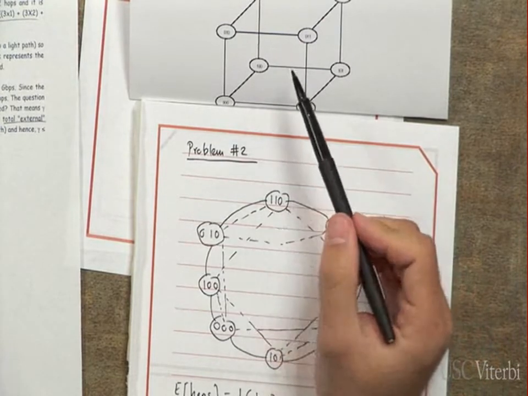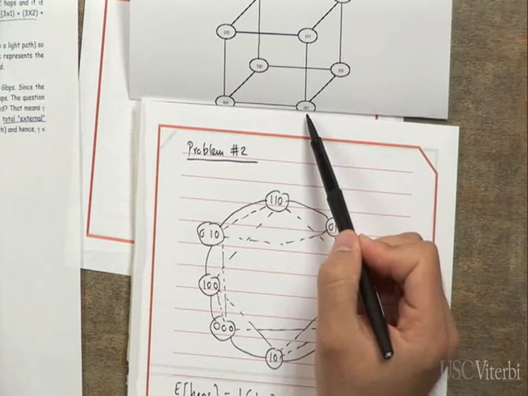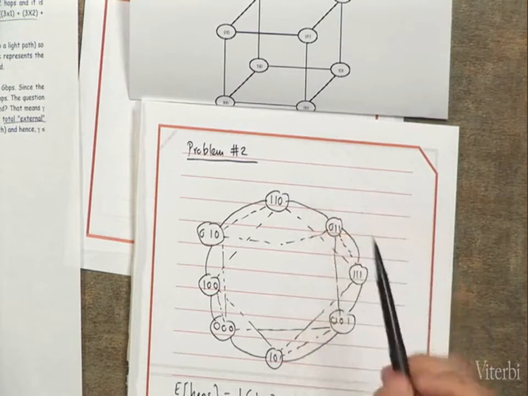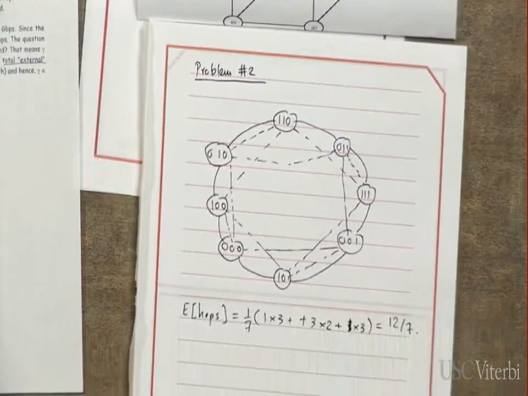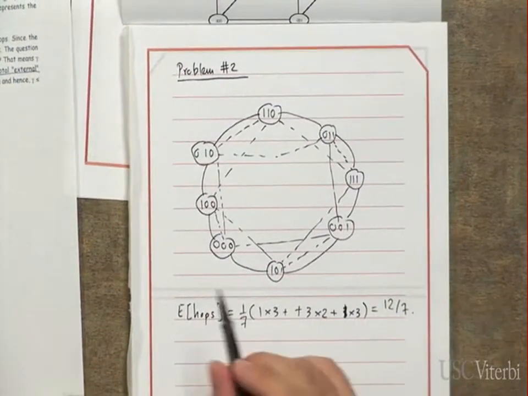And size 3? This node here, right? One times 3, equals 12 over 7. Do you agree? Okay.